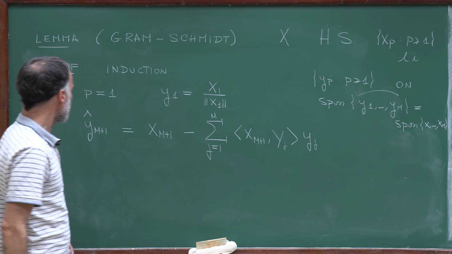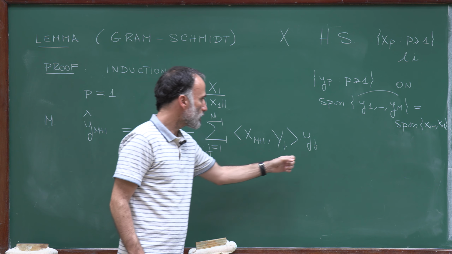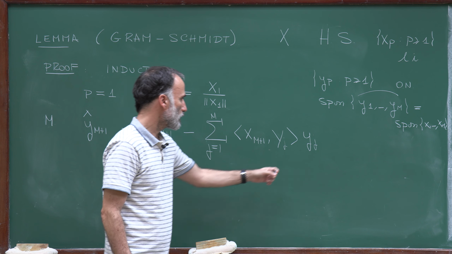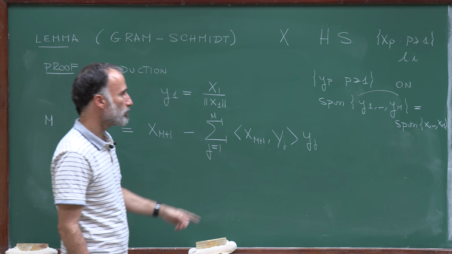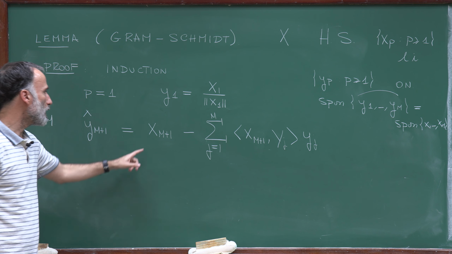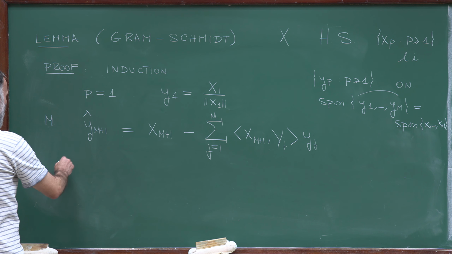So I'm defining this new vector, y_{m+1} hat, from these y_1 up to y_m, which I already constructed, and with x_{m+1}, which is given by this formula.